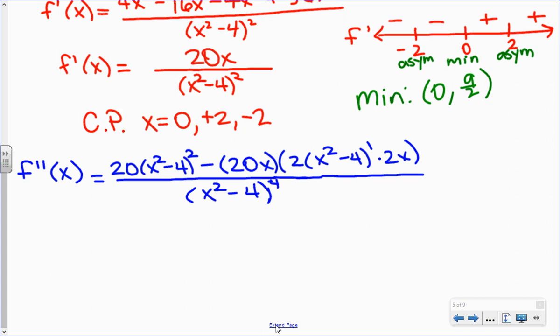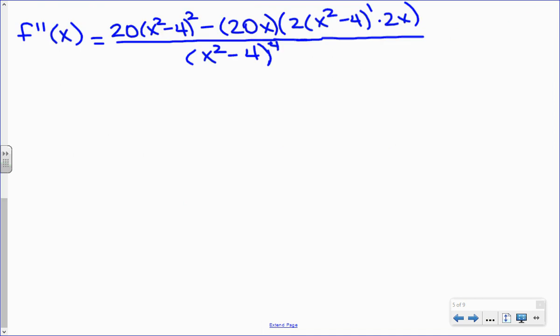Okay, so let's be a little strategic about this, okay? Do you see how there's an x squared minus 4 in both chunks in our numerator? Okay, and what's in our denominator? X squared minus 4, a lot of them, right?